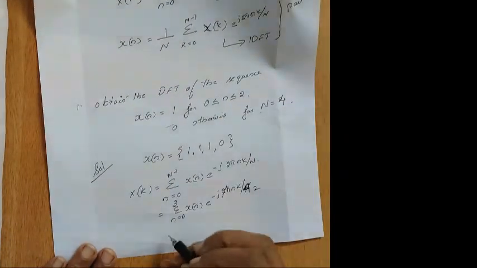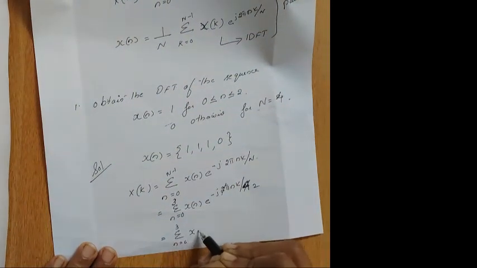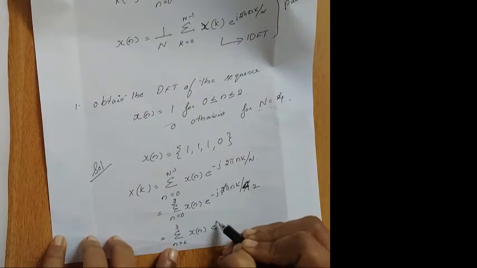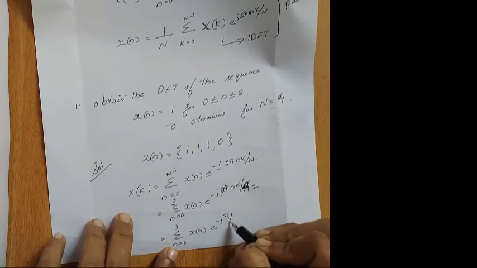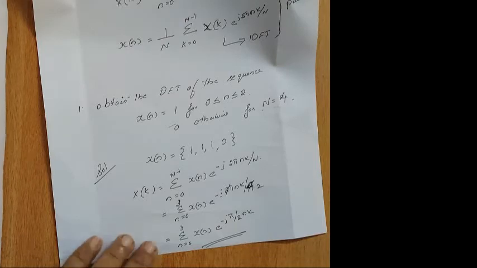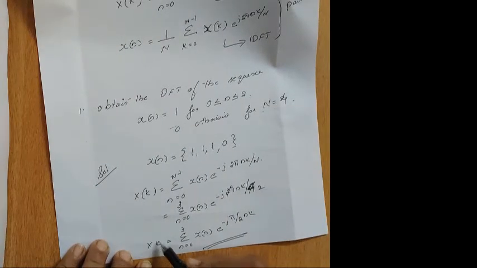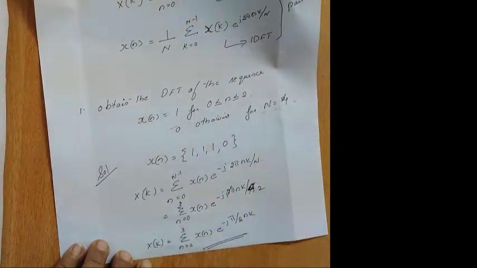So that is equal to summation n equal to 0 to 3 x of n e raised to minus j pi by 2 n k. You got the first basic equation.